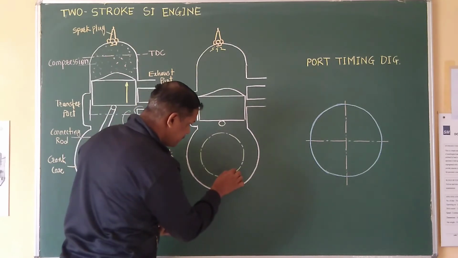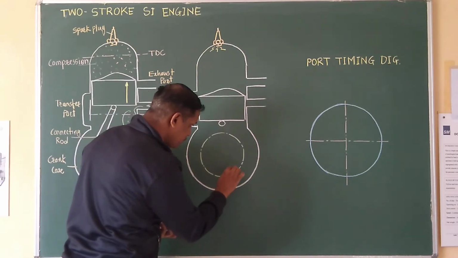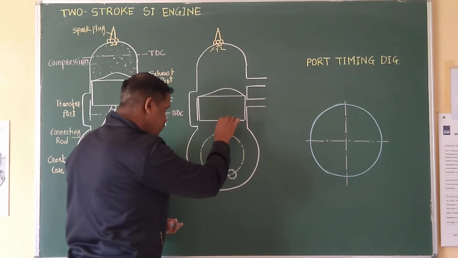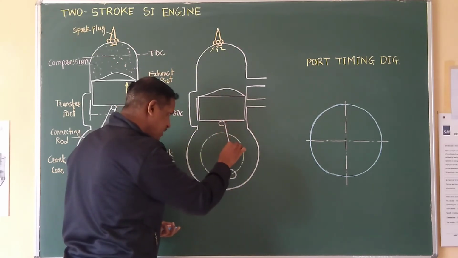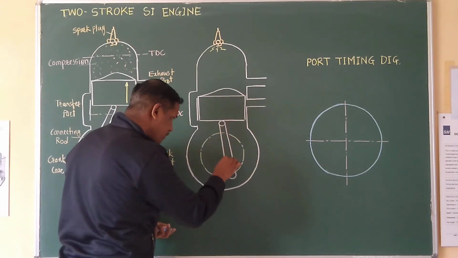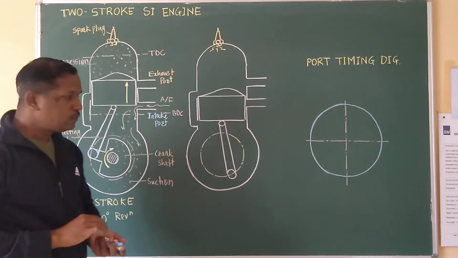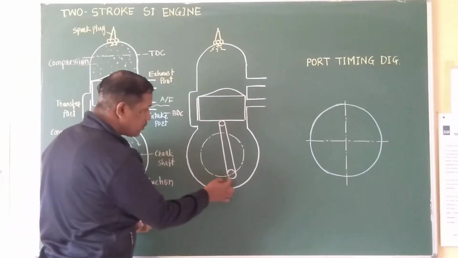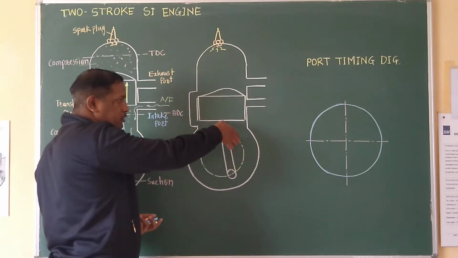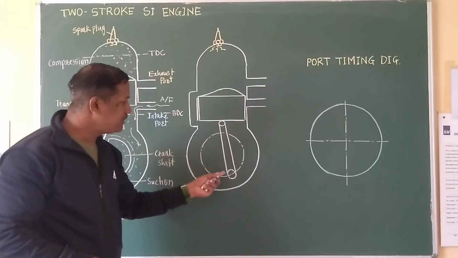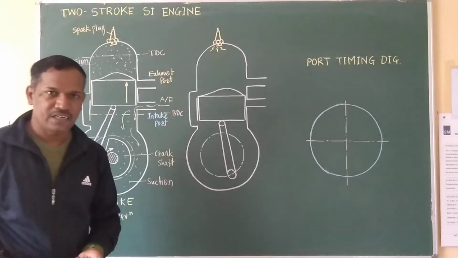Drawing the crankcase and crankshaft. So this is our connecting rod. While drawing the connecting rod, we have to take a precaution: our connecting rod length should at least look the same. So accordingly, the piston position is now towards BDC, and we have to maintain the connecting rod distance, so it will become about this.